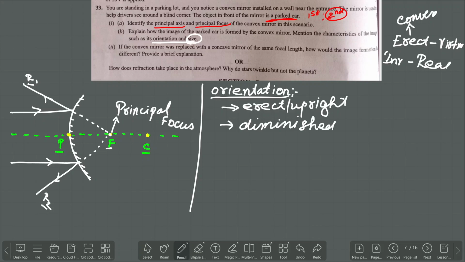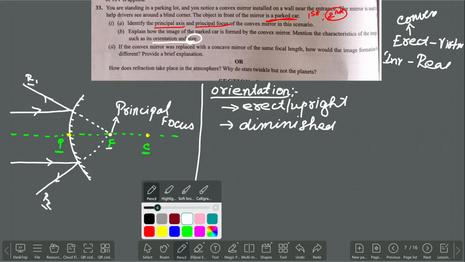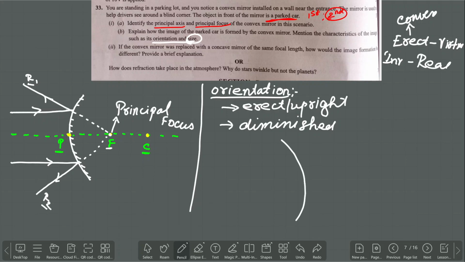Next, if the convex mirror is replaced with a concave mirror of the same focal length. So instead of using a convex mirror, we are using a concave one as a side parking mirror. What will happen over there? That's the question they asked. For convex we said it will produce only a virtual image.